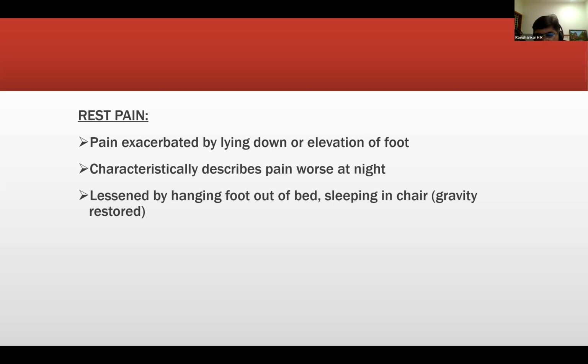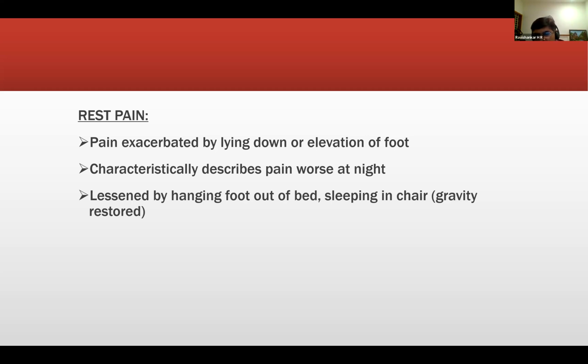And I think what Sanya said, and what Nikita said to some extent, is very true. Also, there is decreased sympathetic tone during the night, which causes less blood flow, because sympathetic activity is very important in pumping the blood. So when the sympathetic activity is less, there is a reduction in blood flow, and hence there is rest pain.